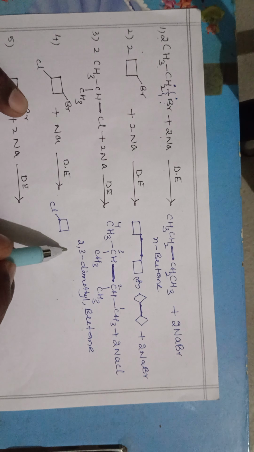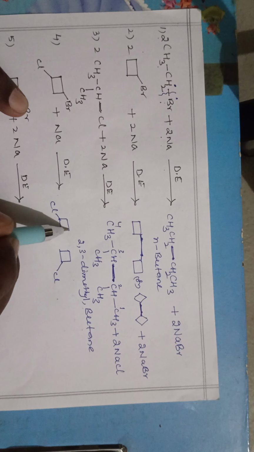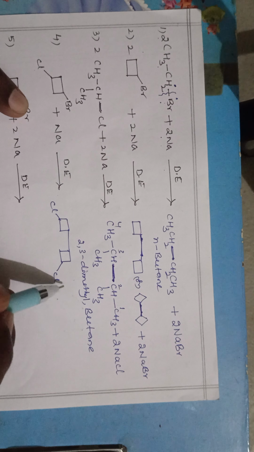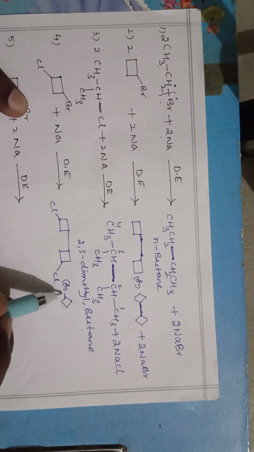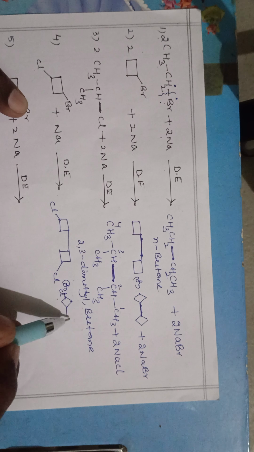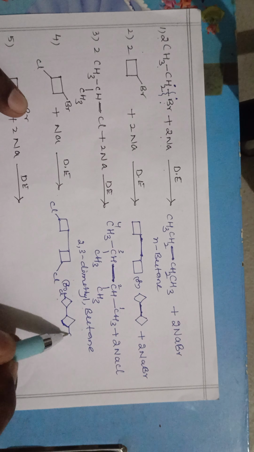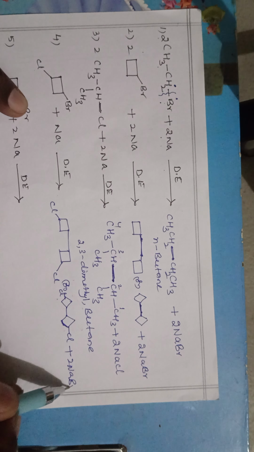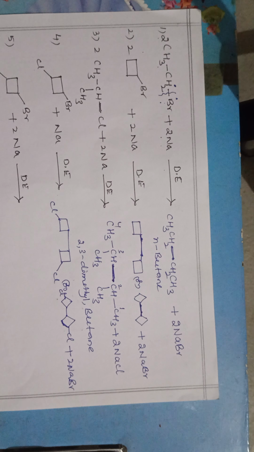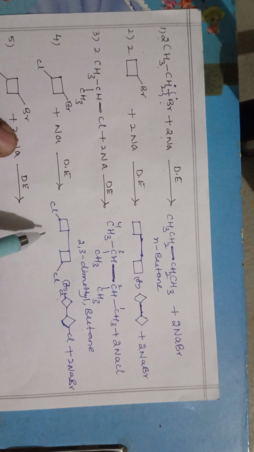In the same way here, the chlorine remains bonded like this, to form NaBr. There is one more compound possibility.